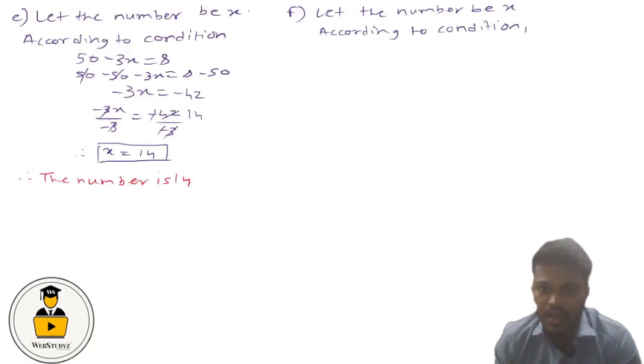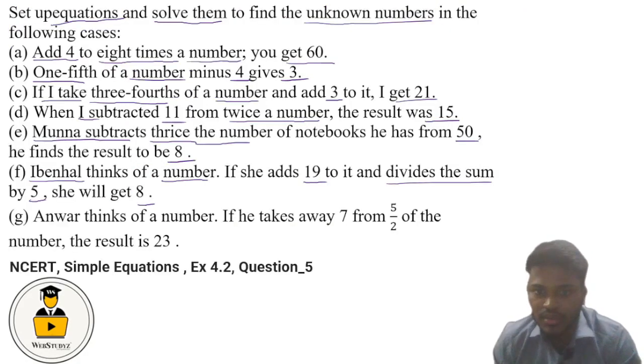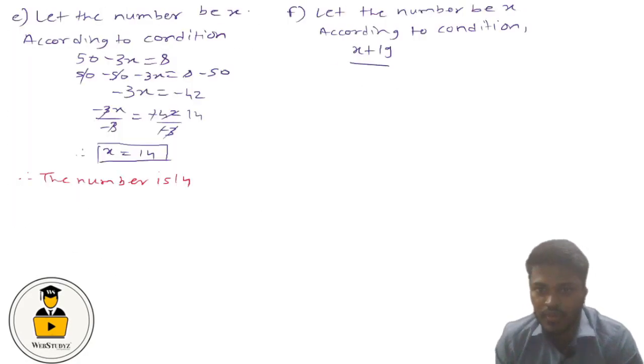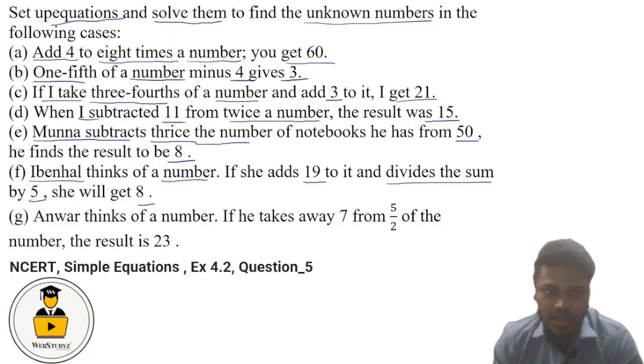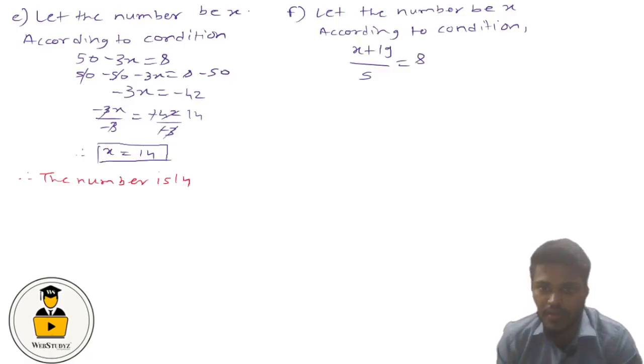So the number is x. She adds 19 to the number, and then she divides the sum by 5 to get the result as 8. So this will be equal to 8.